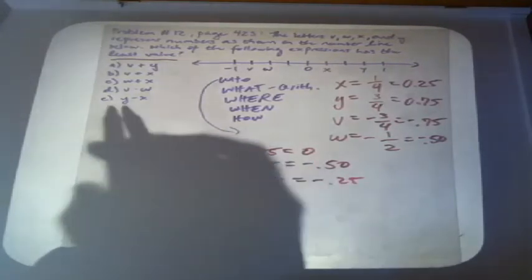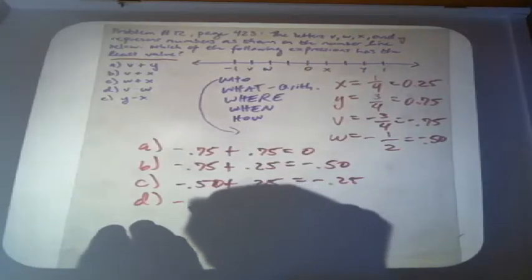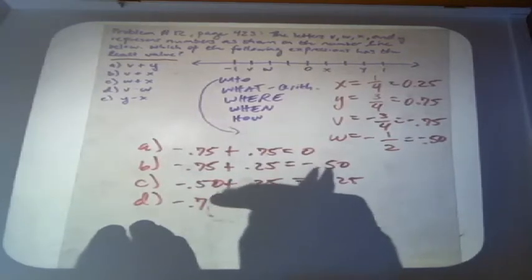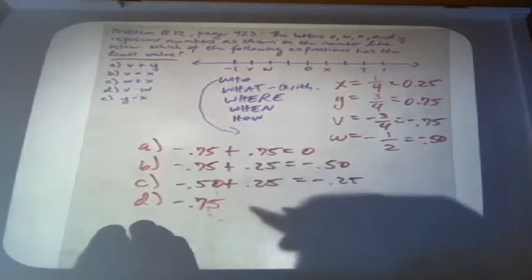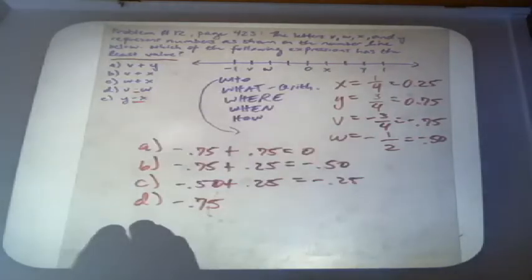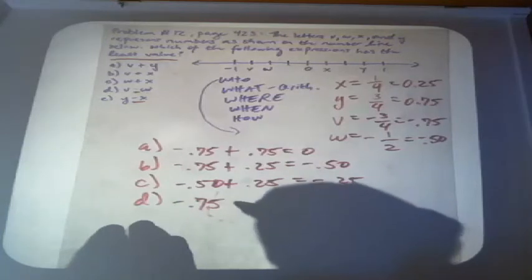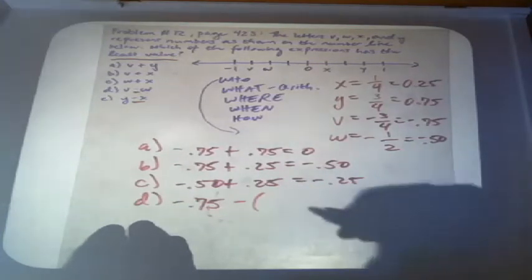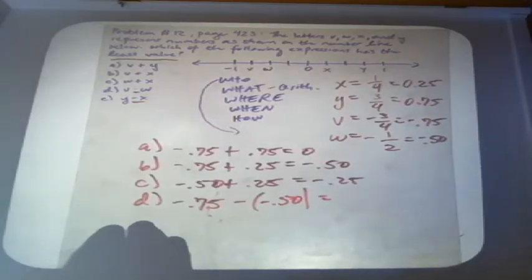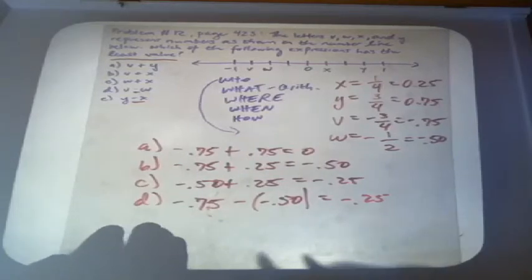And then D, we're going to take V and subtract W from that. So negative 0.75. Now the subtraction here is important. Notice we're subtracting for these last two answer choices and not adding. So we take V and subtract W, which is negative 0.5, and we get negative 0.25 for that one as well.